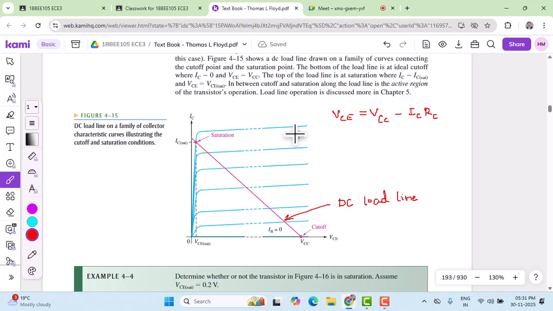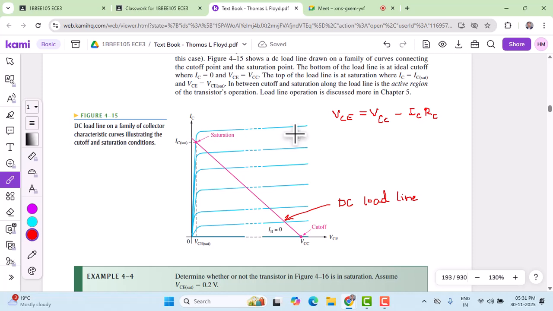Very simple problem. We have to estimate here. Collector emitter voltage is given as 6 volt. Maximum power rating is given as 250 milliwatt. That's PD max. And we should know what must be the collector current to handle the transistor safely.